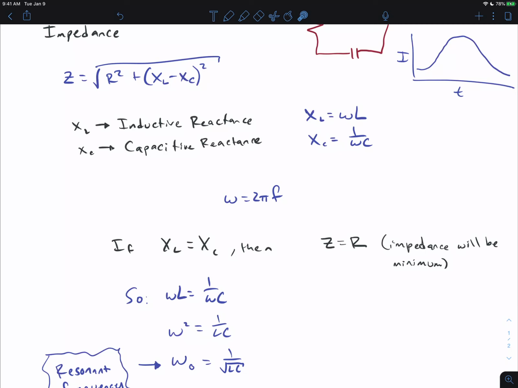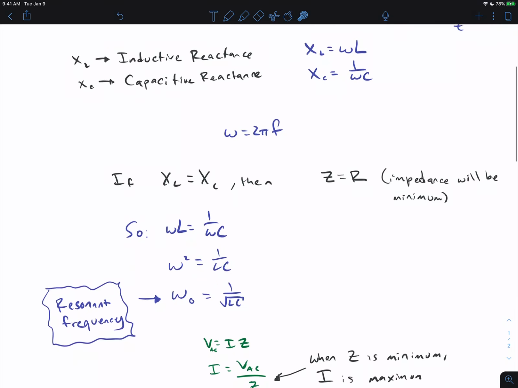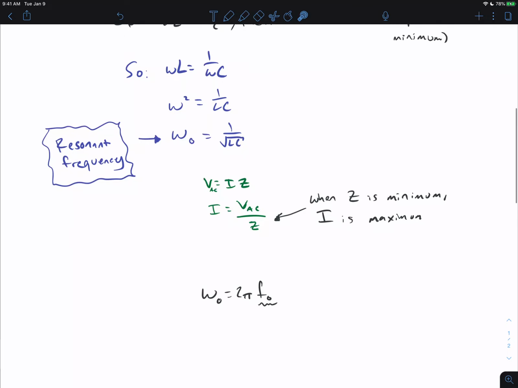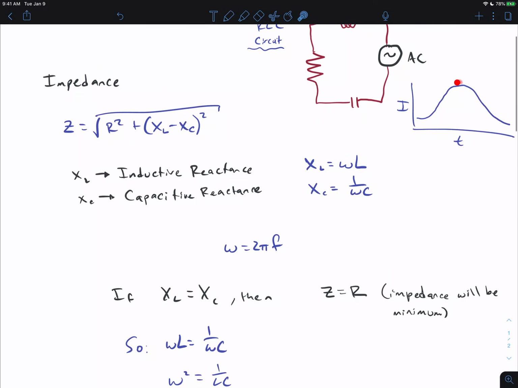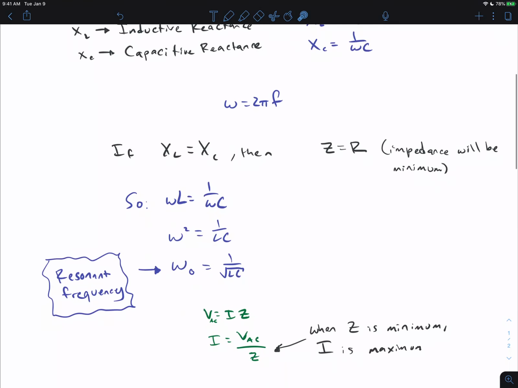So my minimum is just getting rid of that term. So when I do this, I have the maximum current in my system. I've reached this sort of resonant point, using my resonant frequency, okay.